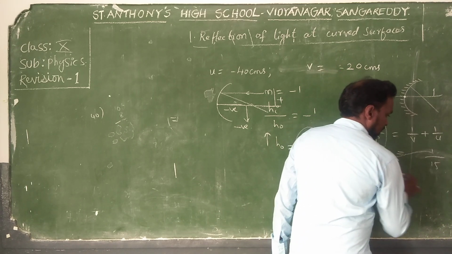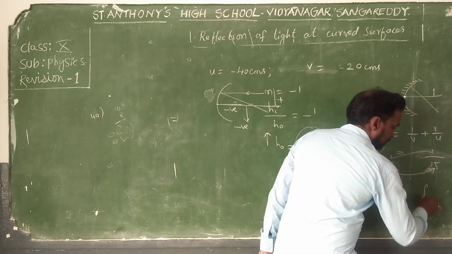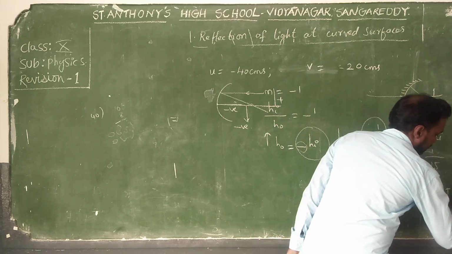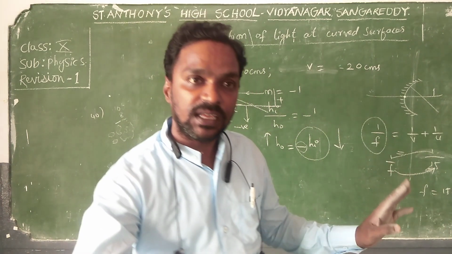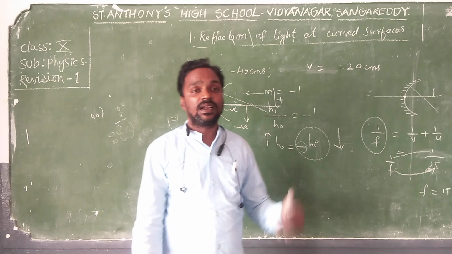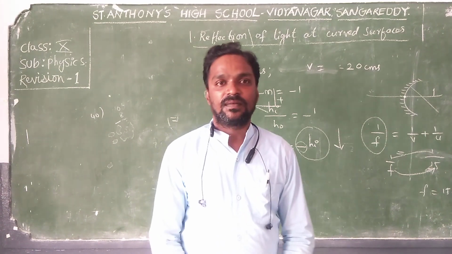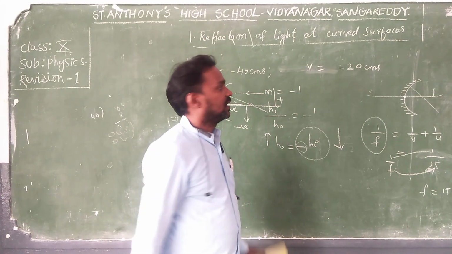Then f is your answer, so the focal length is 15 centimeters. Like this you will be getting. After calculating f, they will also ask you to calculate the radius of curvature. R is equal to 2f.